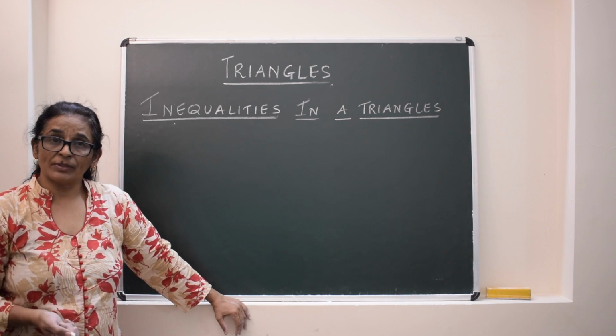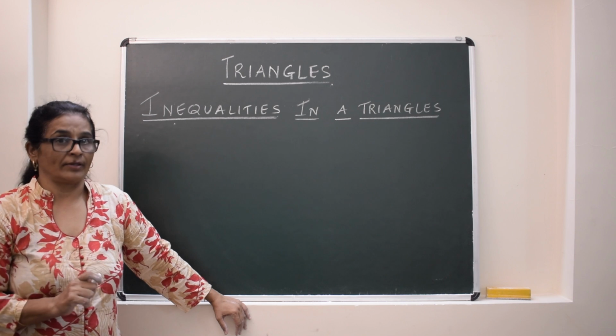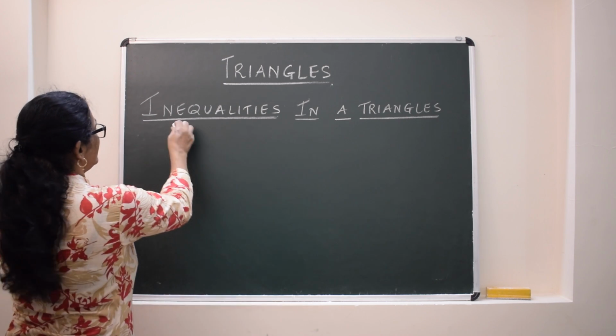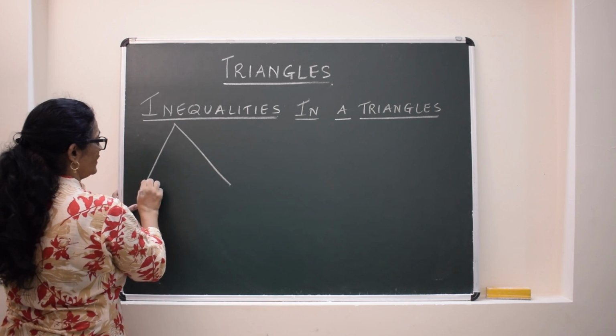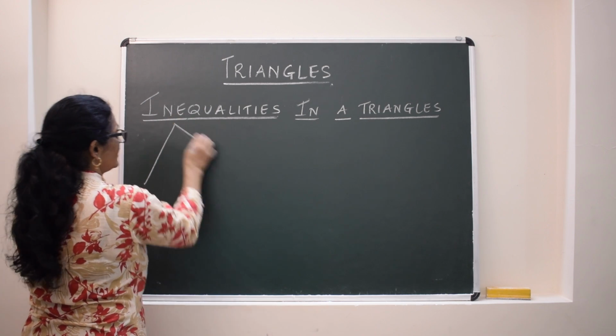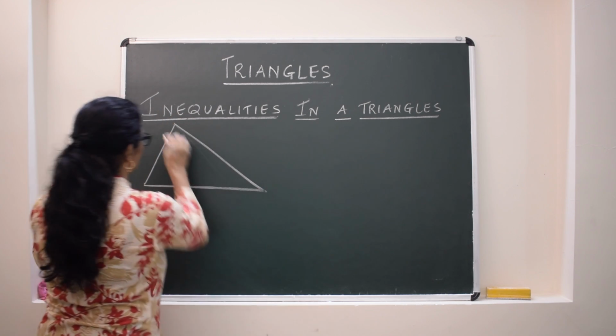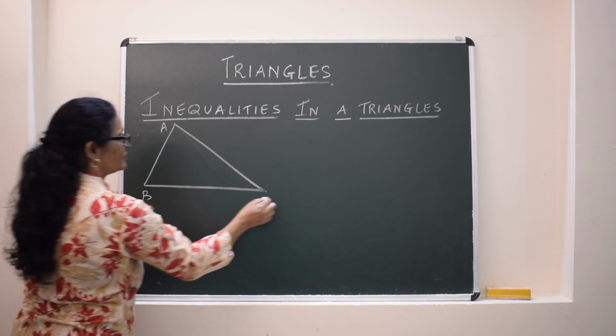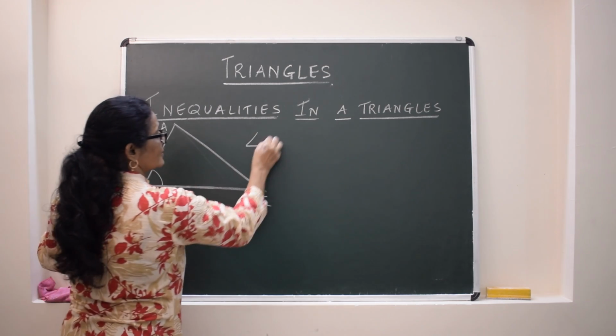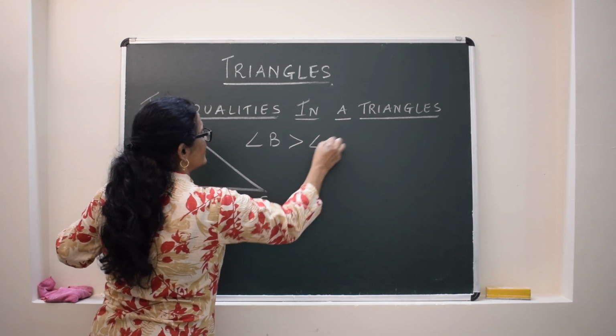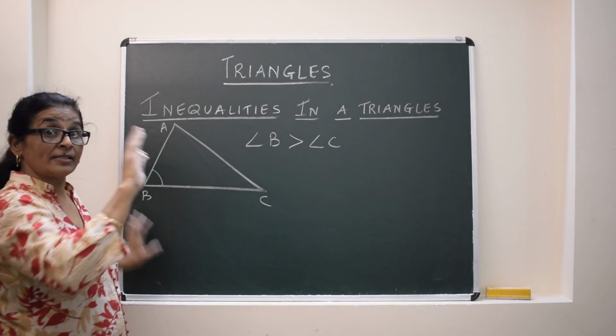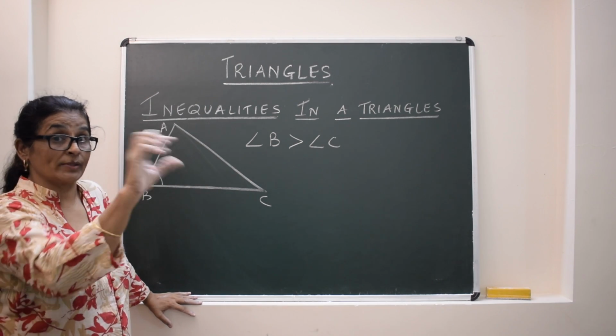Now the next theorem is, if two angles are given, for example in a triangle, if it is given that angle B is greater than angle C. First it was given that the sides were unequal, no? AB was lesser than AC.